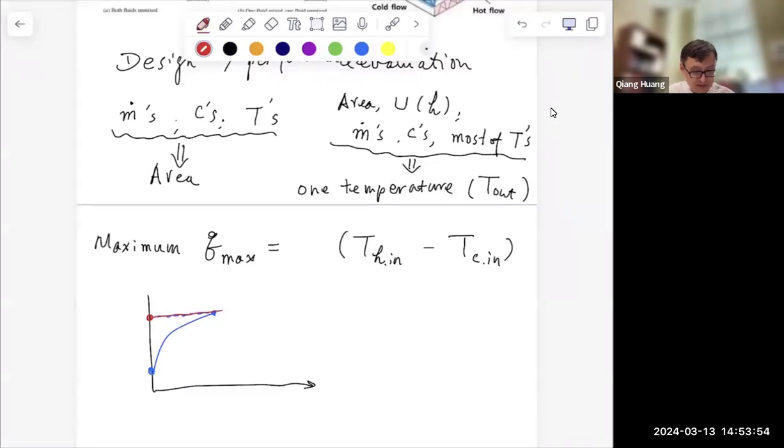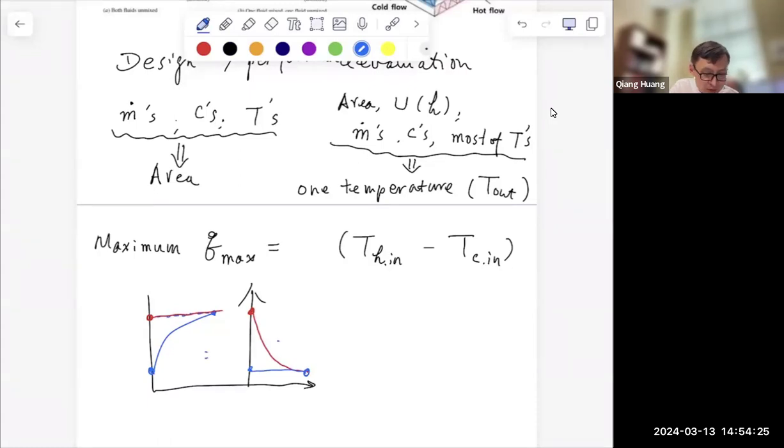That's the maximum. Or in the other condition, the hot fluid has been cooled all the way down to the cold inlet temperature, and after that no more heat transfer can occur. So these are the two maximum cases of heat that can be transferred.